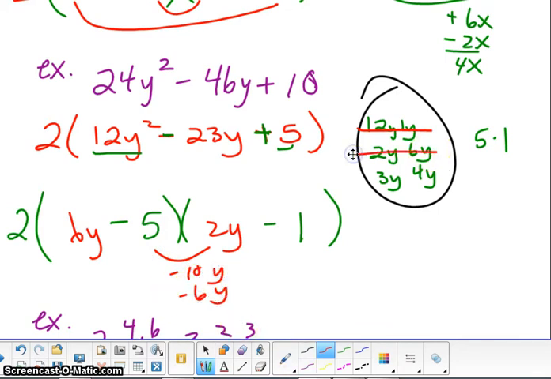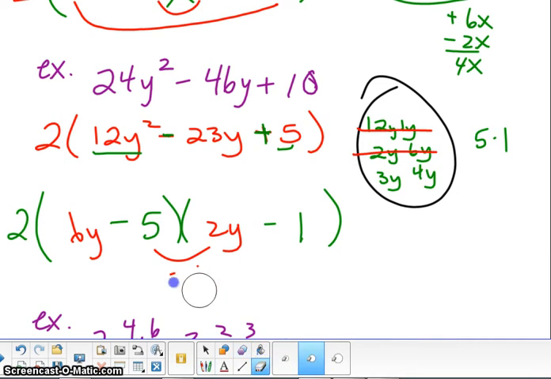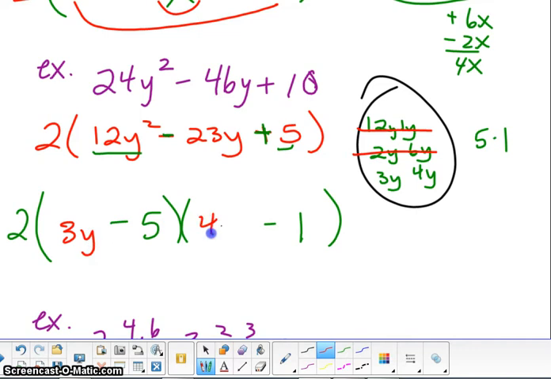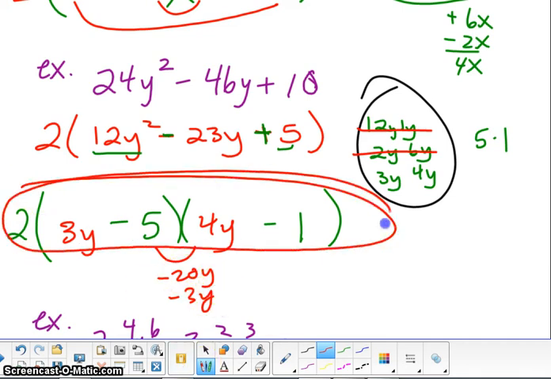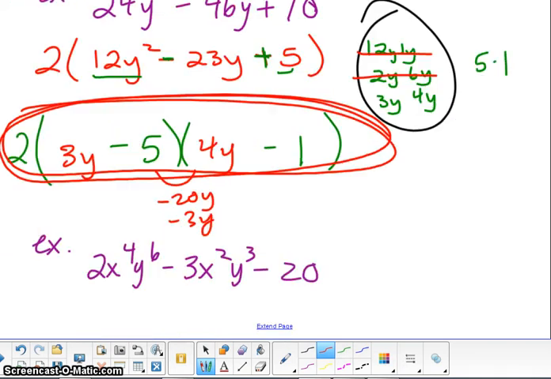So now I have done all my options with 2 and 6. Now it's down to 3y and 4y. Negative 20, negative 3, and I've got a winner because I know that that's going to be a negative 23. So I circle it, and that I know is my final answer.